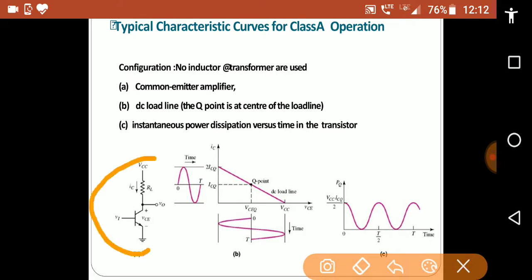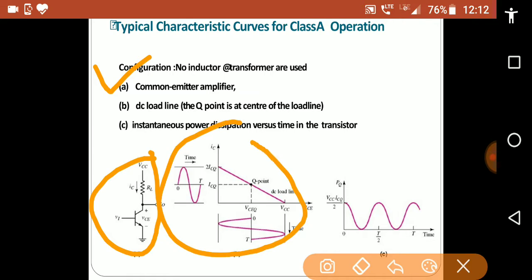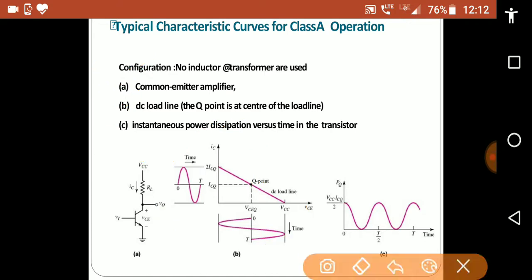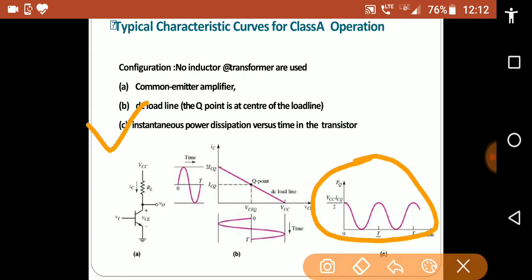Diagram A represents the common emitter amplifier. Diagram B represents the DC load line where the Q point is at the center. So here is the Q point, and diagram C represents the instantaneous power dissipation versus time in the transistor.